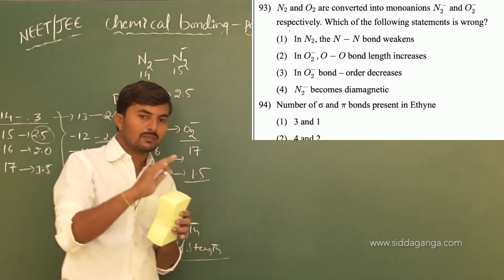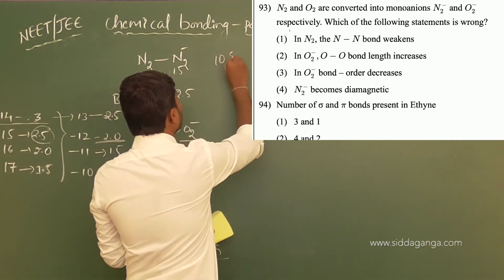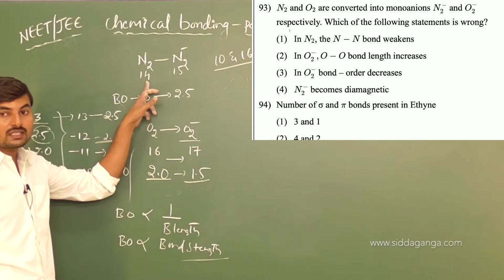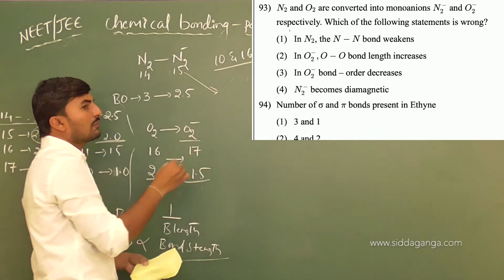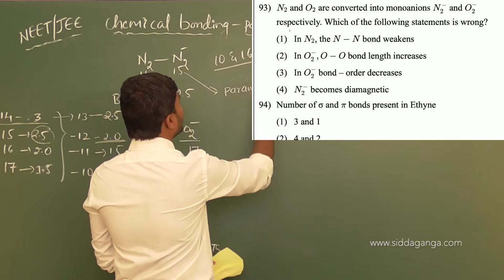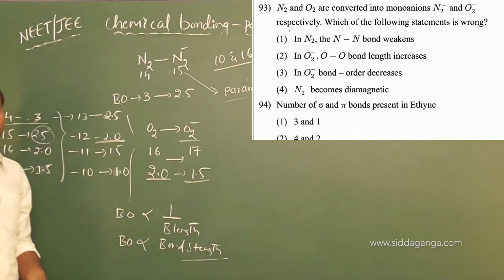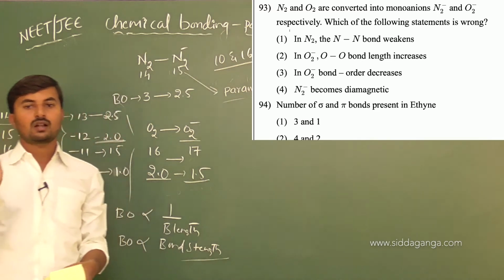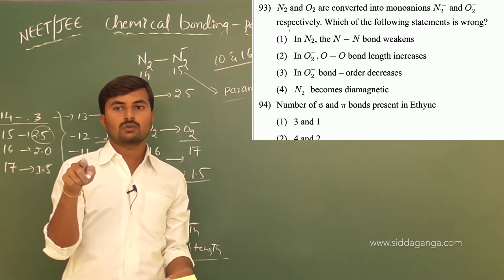An odd number of electrons becomes paramagnetic, with some exceptions, that is the 10 electron and 16 electron systems. Here they have said N2 minus becomes diamagnetic. How many electrons are in N2 minus? 15. With an odd number of electrons, it becomes paramagnetic in nature, but here they have given it as diamagnetic. That means option 4 is the wrong one. The remaining 3 options are correct here. Option 4 will be the wrong one.